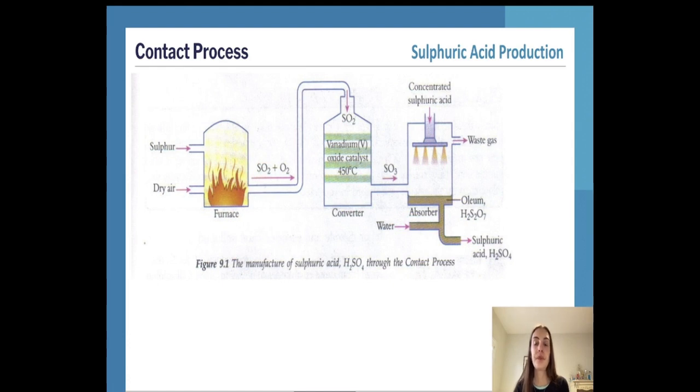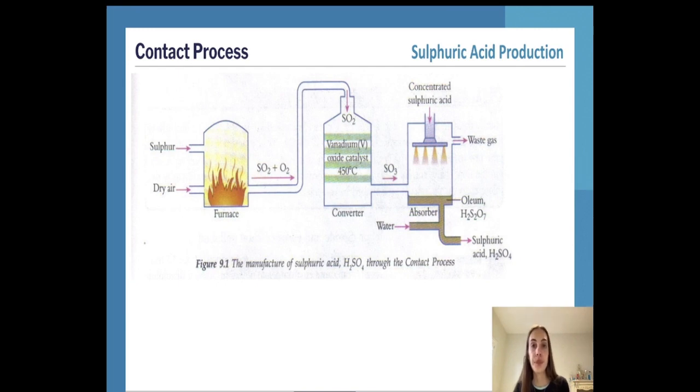Our first step is making the sulfur dioxide to start off with, so it almost becomes a three-step process. We make the sulfur dioxide either by burning sulfur in an excess of air or by heating sulfide ores, such as pyrite, in an excess of air.